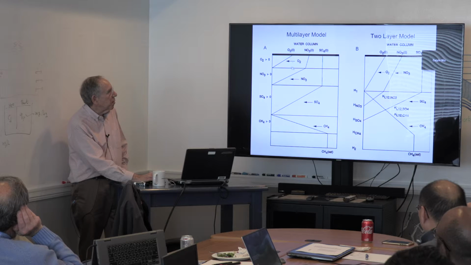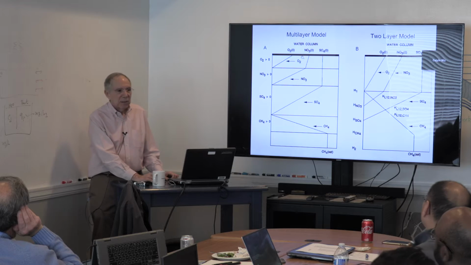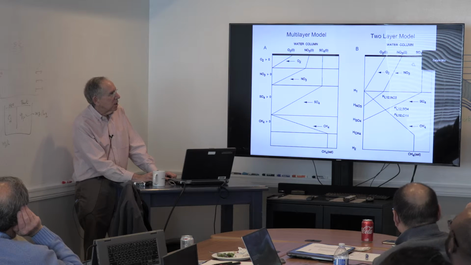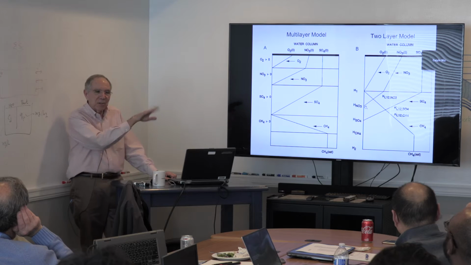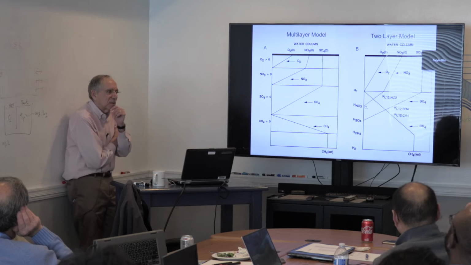And so you've got to solve equations for the depths of all these layers, which is a real pain in the neck. So what we did instead was to just take a two-layered model and calculate what these depths had to be, and then just proportioned the diagenesis to each of those reaction sequences.